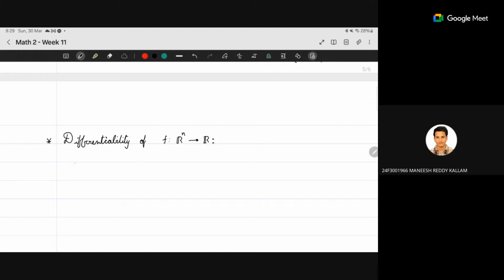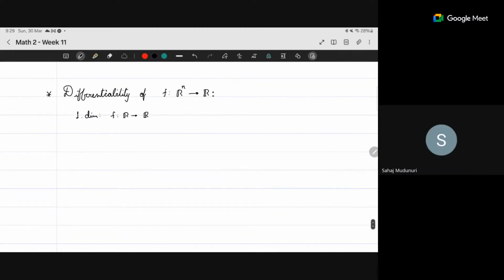So in one-dimensional case, when is a function said to be differentiable? The definition: the derivative exists, the limit exists. Yes. So you need this limit as h goes to 0 of f of x plus h minus f of x by h.